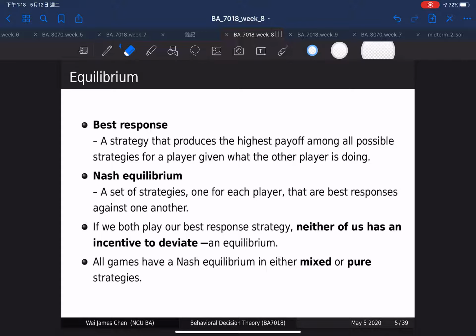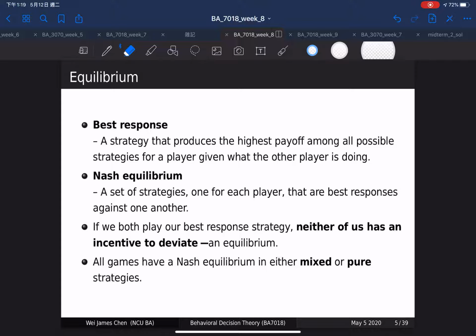So when we were talking about equilibrium, we first defined what is best response. A strategy that produces the highest payoff among all possible strategies for a player, given what the other player is doing. Remember that? Okay. And then we define the Nash equilibrium as a set of strategies, one for each player, that are best responses against each other.